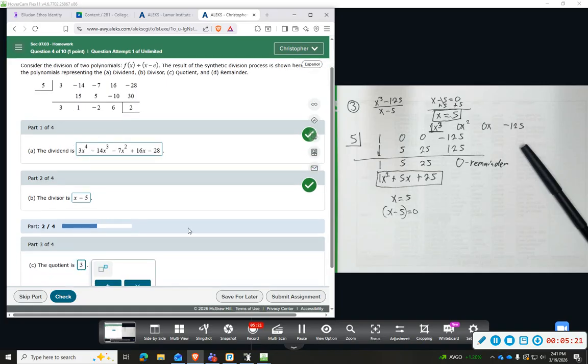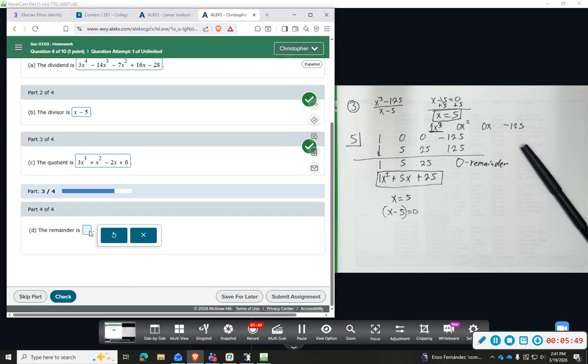It's going to be my first term, 3x to the 3rd. And then it's going to be plus 1x squared, or just x squared. And just count down by 1 each time. So the next one is a minus 2x, and then plus 6. So all of those numbers are just coming from right here. These are our coefficients for the polynomial here.